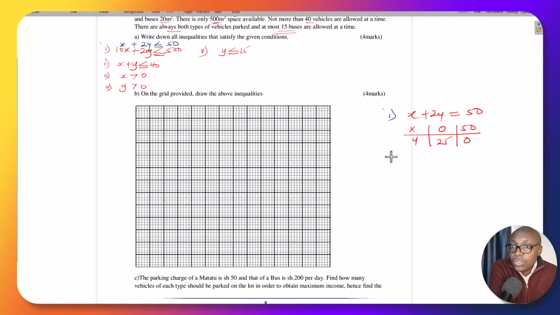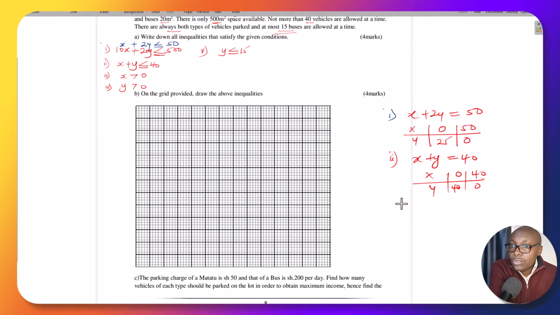Then I go to the second equation. The line that I'm going to draw is x plus y equals 40. Again, when x is 0, y will be 40, and when y is 0, x will be 40.